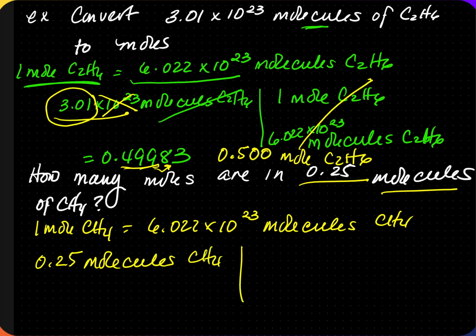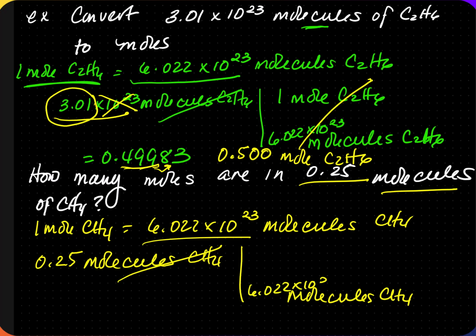Diagonal units have to be the same to cancel out. Molecules of methane, molecules of methane. On top, the number in front of molecules is Avogadro's number, 6.022 times 10 to the 23rd. This is equal to 1 mole of CH4. So 0.25 times 1 divided by 6.022 times 10 to the 23rd will give you 4.1514 times 10 to the negative 24.